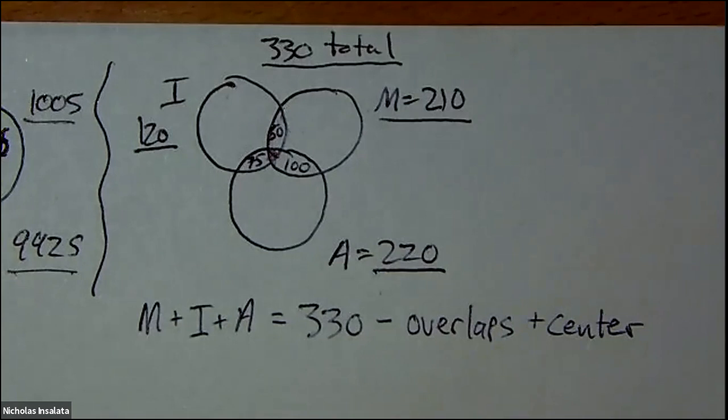Okay, so why is that? Okay, because you count the overlaps twice and the center 3 times, adding in all of them.